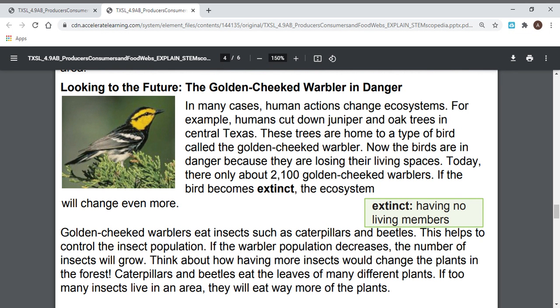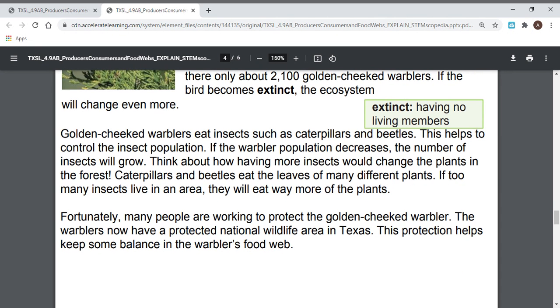Now the birds are in danger because they are losing their living spaces. Today, there are only about 2,100 golden-cheeked warblers. If the birds become extinct, the ecosystem will change even more. These birds eat insects such as caterpillars and beetles.